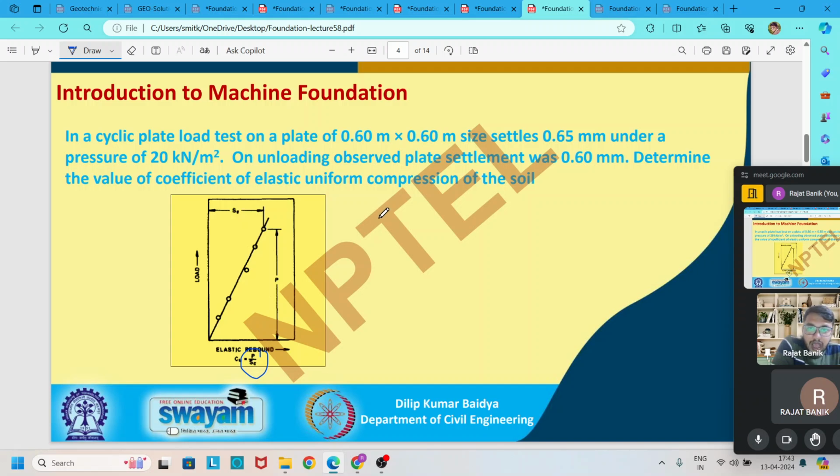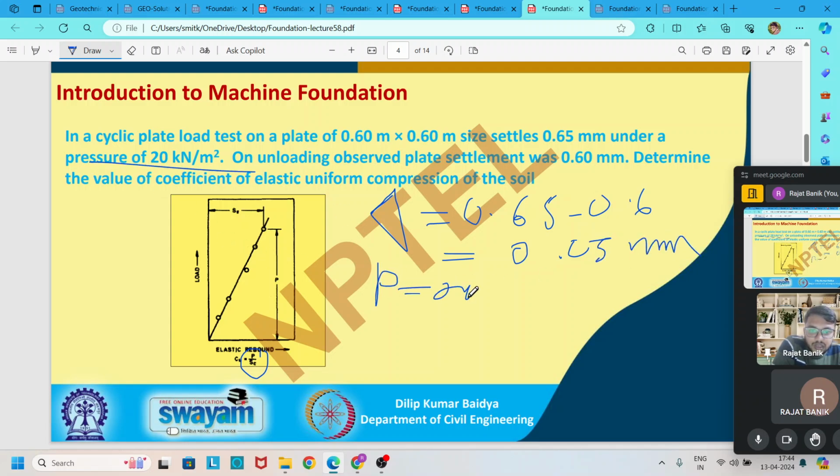By the unloading and loading test, we get the incremental settlement: for loading it is 0.65, for unloading it is 0.6. So the incremental settlement is 0.05 mm, and our pressure P is 20 kilonewton per meter square.